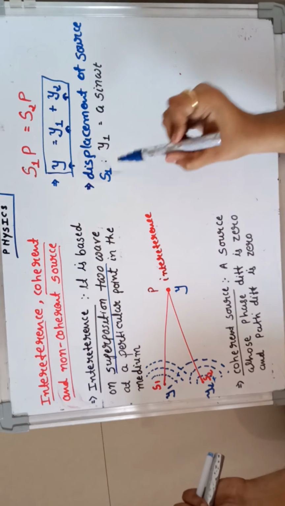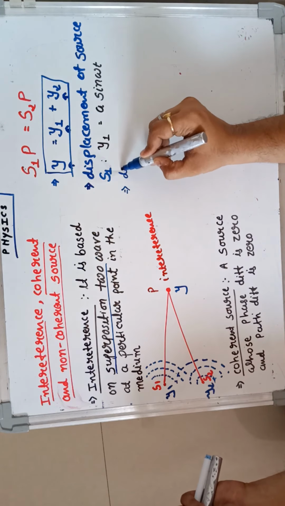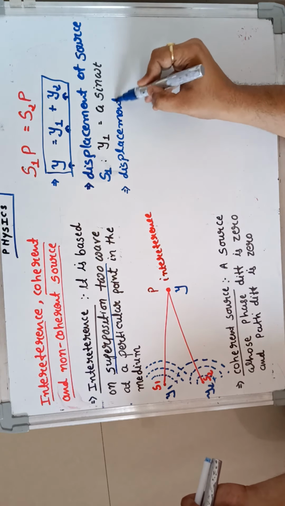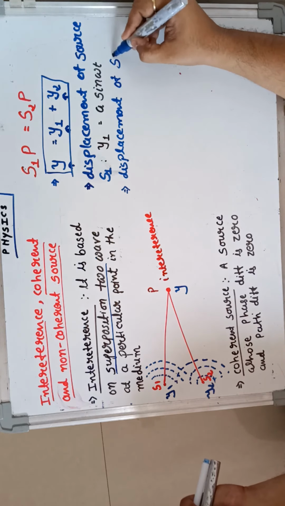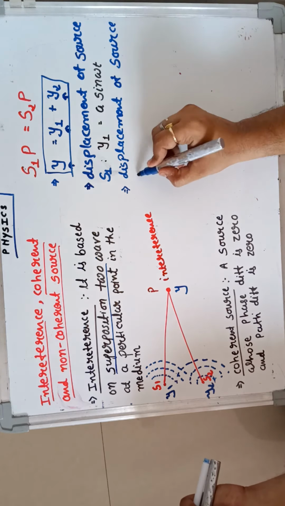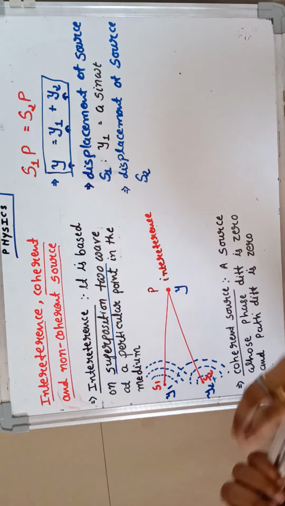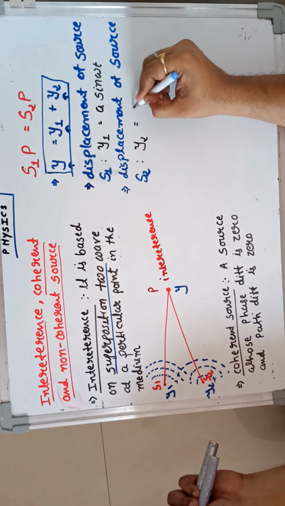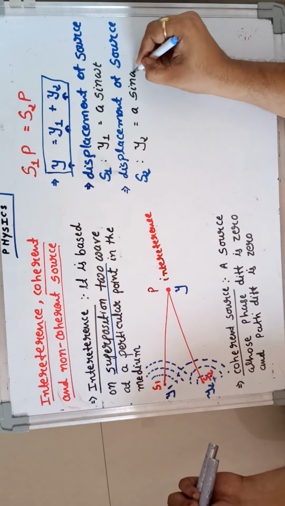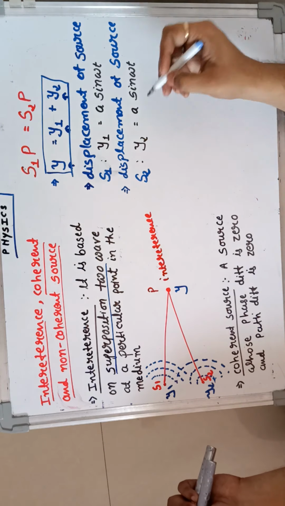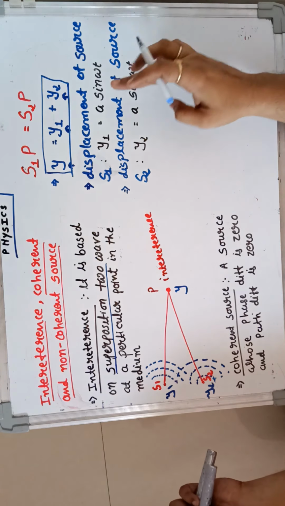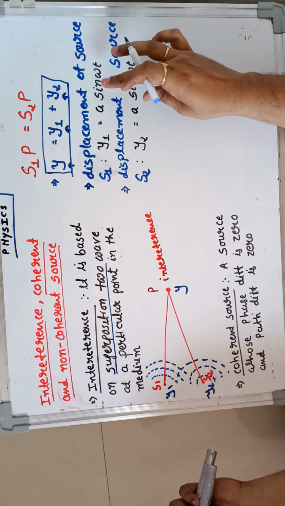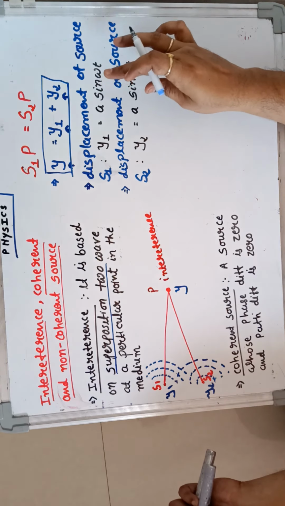The displacement of source S2, we write it as y2, so y2 is equal to a sine omega t. Both equations are the same because here we use the coherent source, and phase and displacement are all the same. Path difference is 0, phase difference is 0.